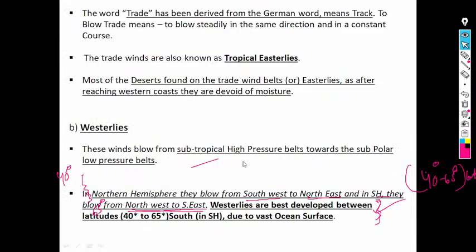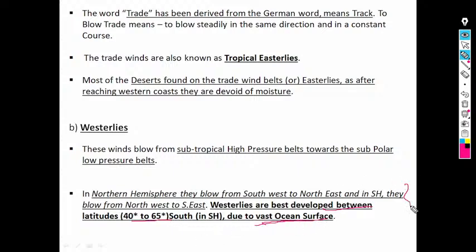The reason is that they are getting the vast ocean surface, so they are best developed in the south due to the vast ocean surface.